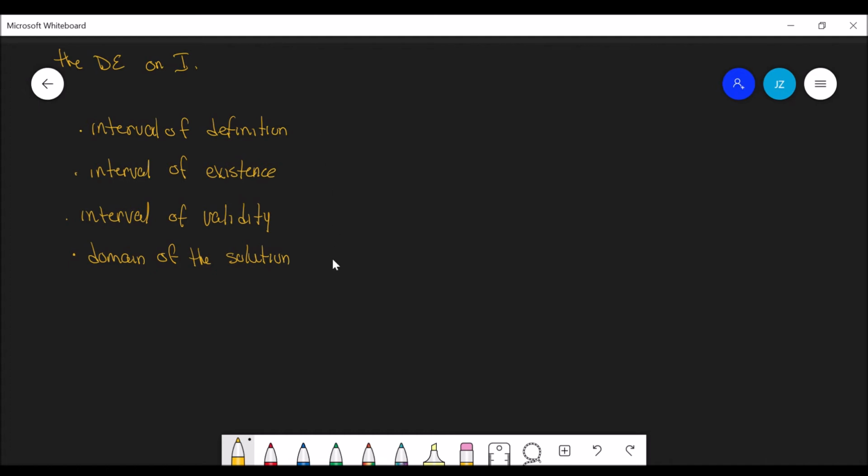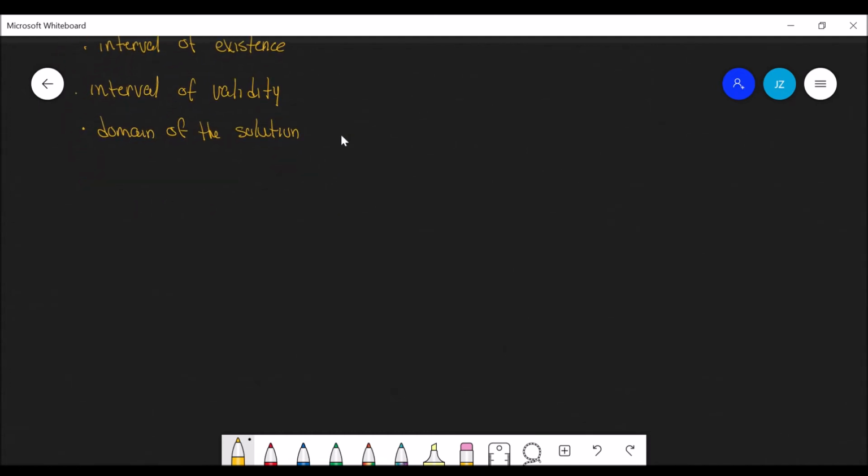Now, the graph of a solution is called the solution curve.